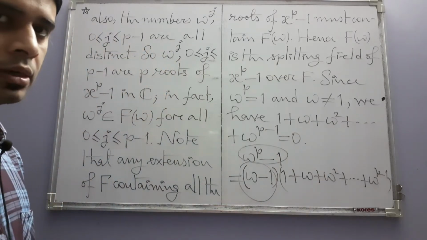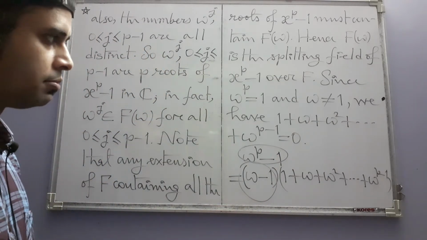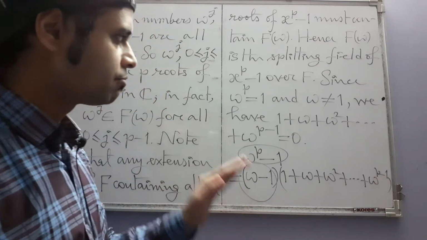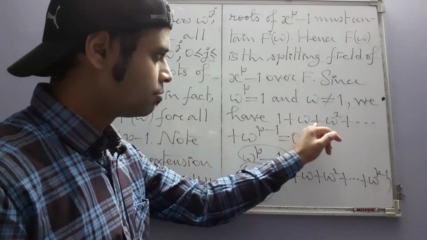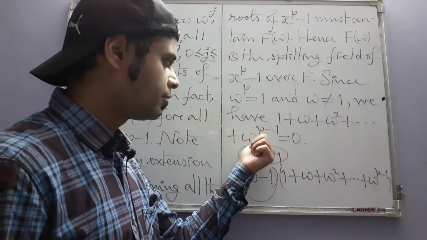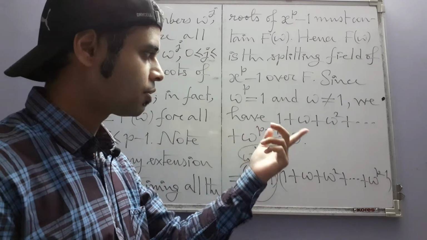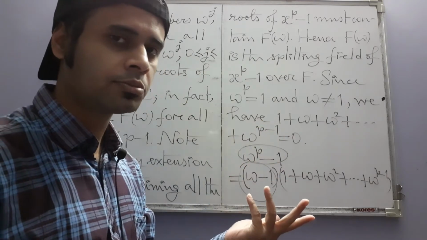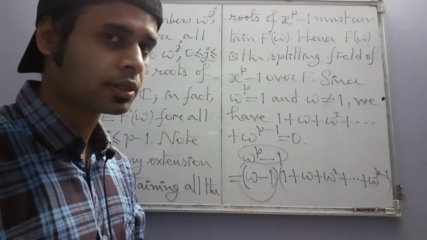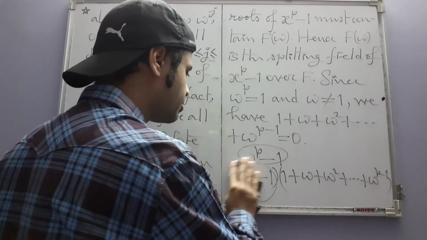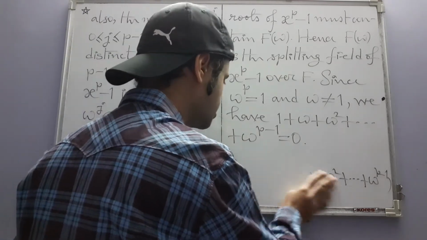So that's how we are getting this. Okay, so that means what we have found is that omega satisfies a polynomial of degree p minus 1, and this polynomial is of course a polynomial over the field of rational numbers F. And this polynomial, it turns out, is irreducible over F.